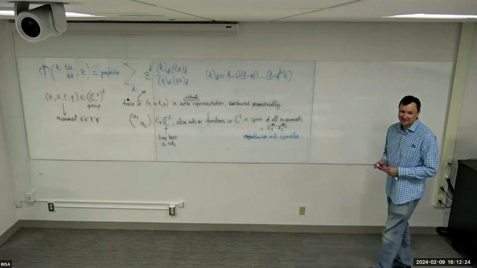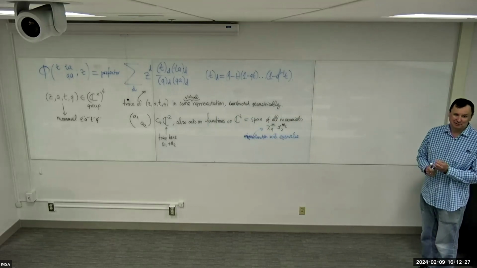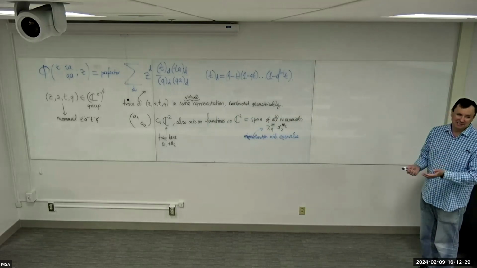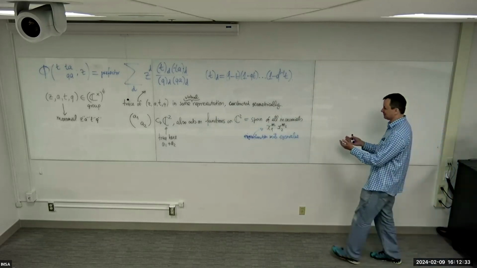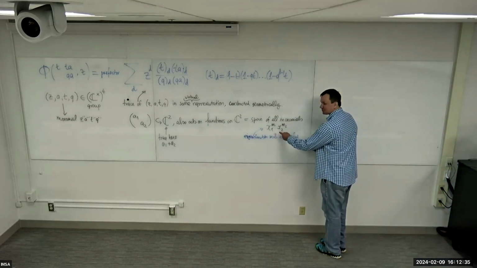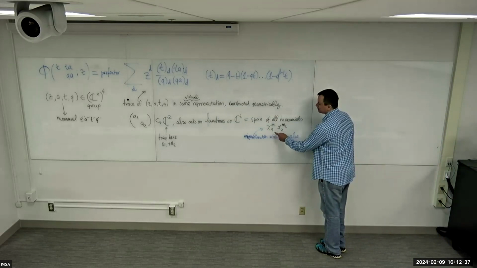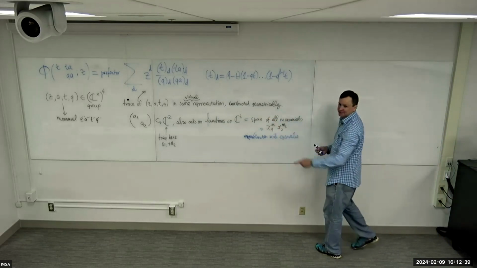This is my favorite question for students when they come to study representation theory. This sort of question: what is the eigenvalue of this element under the action of the matrix?